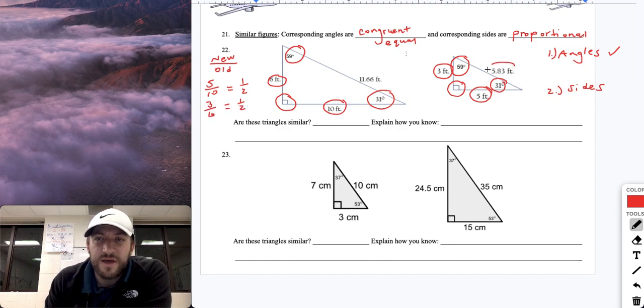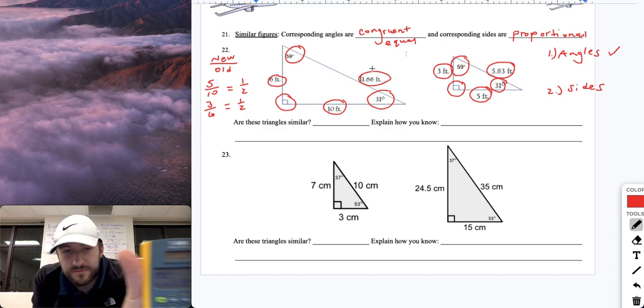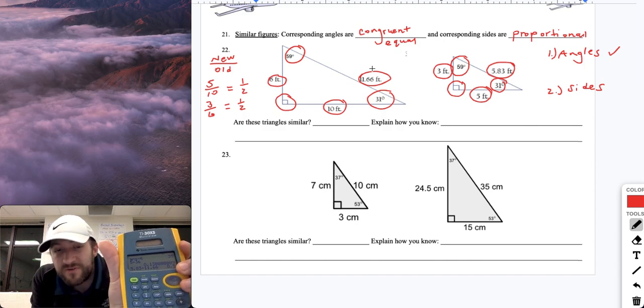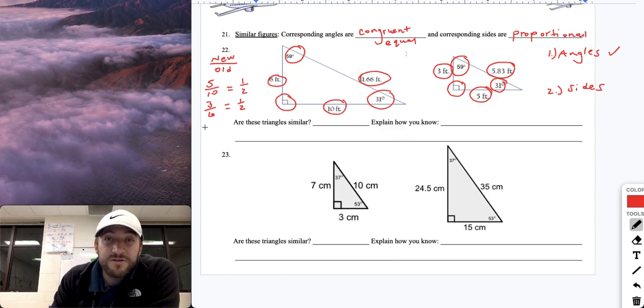Let's check the last one. 5.83 and 11.66. Let me use my calculator and check that. 5.83 divided by 11.66. Now, when I divide it, it gives me 0.5. But it's important that we remember 0.5 is the same thing as 1 over 2. So that also gives me 1 over 2.